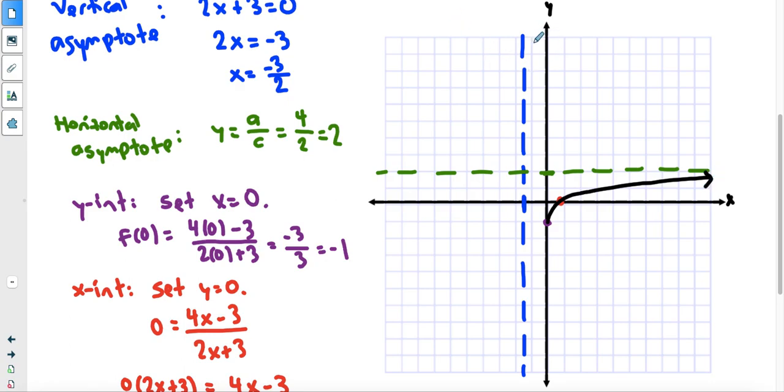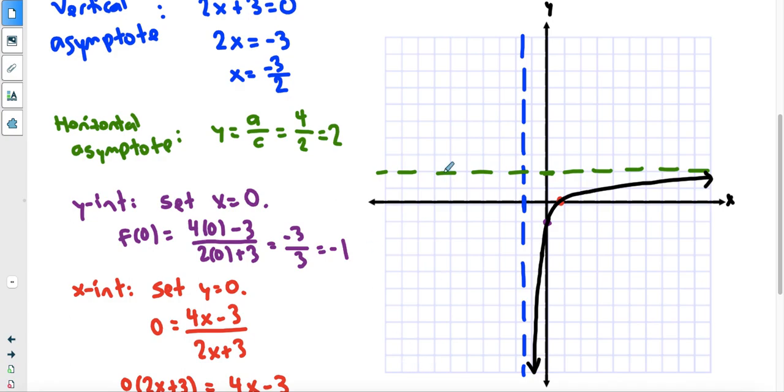I also know as my graph approaches the vertical asymptote here, I need to draw the curve approaching that line. I'm not done though. We know there's going to be a curve somewhere on the left side as well.